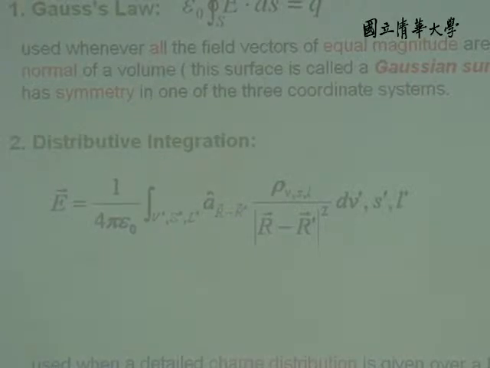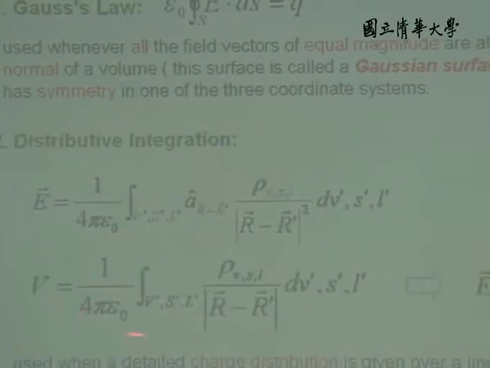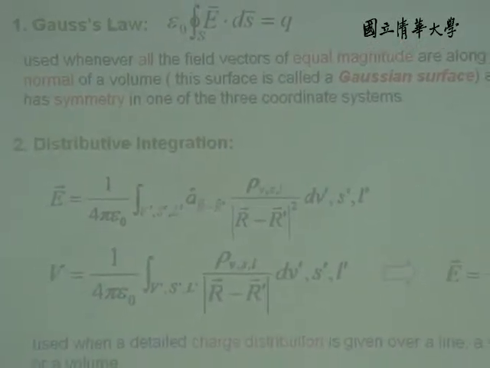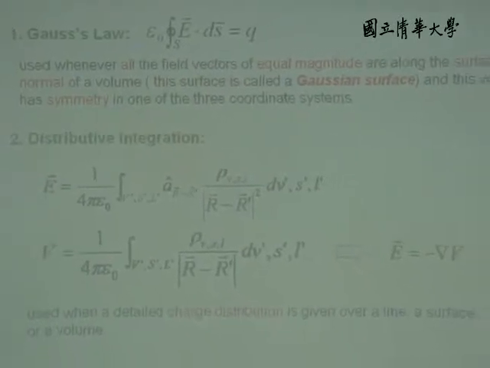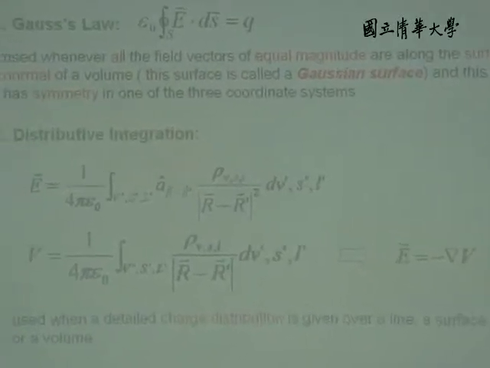Another way to calculate this electric field with an arbitrary distribution of charges is that you can start from the electric potential. In this calculation you don't have to worry about directions. Okay, you don't have to worry about the vectors.